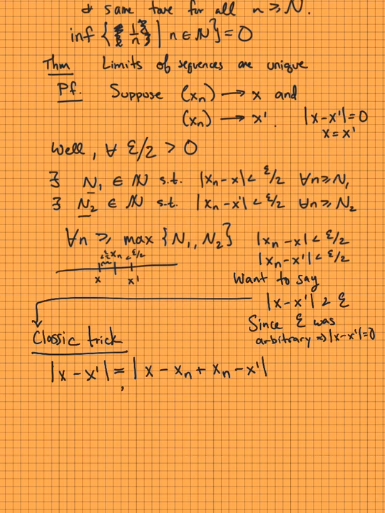And then by the triangle inequality, this is less than or equal to |x minus xn| plus |xn minus x prime|, which is less than epsilon over 2 plus epsilon over 2, and that's equal to epsilon. Okay, so we're happy.